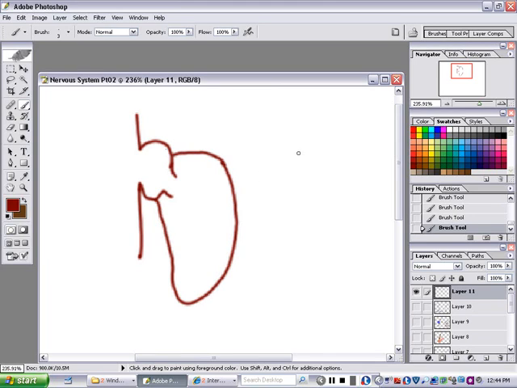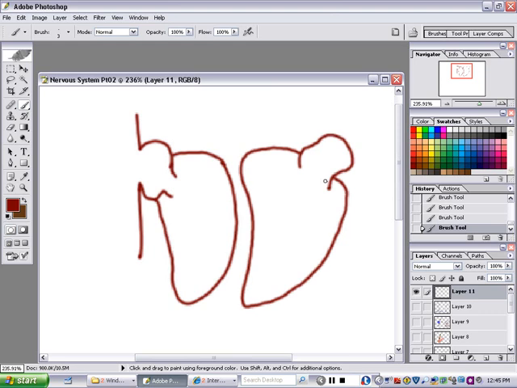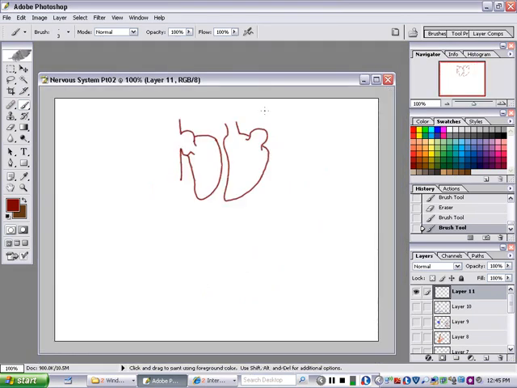Okay, that's a pretty good representation. I think I put too much detail on this, but that's okay. Anybody have any idea what that organ is? That's a heart. Oh, that's just the two halves of the heart. I'm sorry, I guess I connected them together.